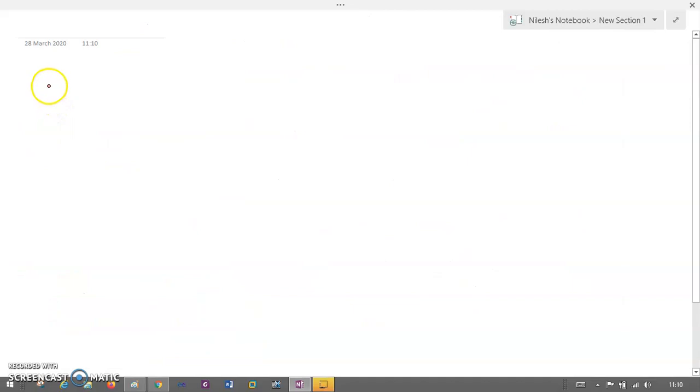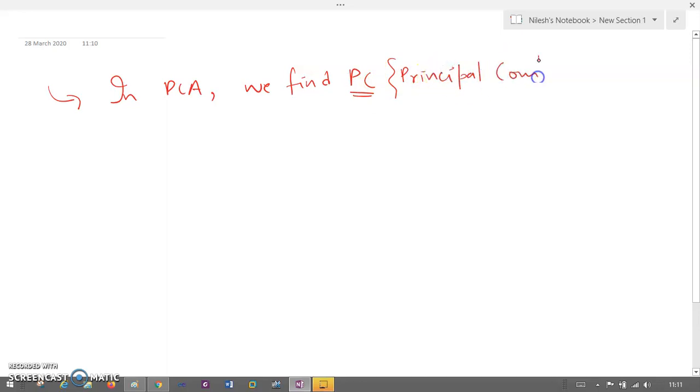Next thing is in the notes itself. So in PCA we find principal components, shortly abbreviated as PC. We find PC, principal components.